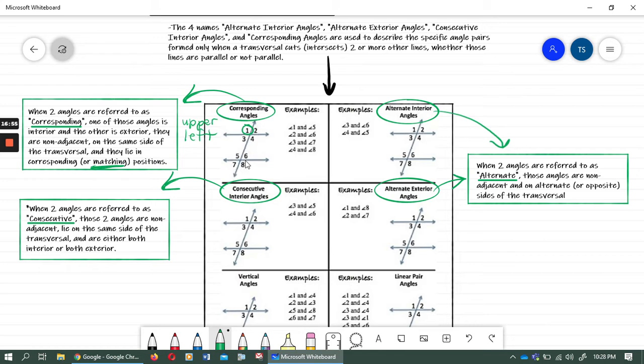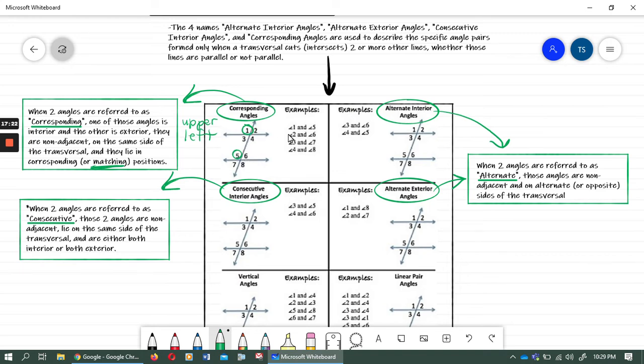If we look down here in this other set of angles, the angles that include 5, 6, 7, and 8, and look for an angle in a matching or corresponding position, the only angle that's in that corresponding position is angle 5. Angle 1 and angle 5 are corresponding angles.